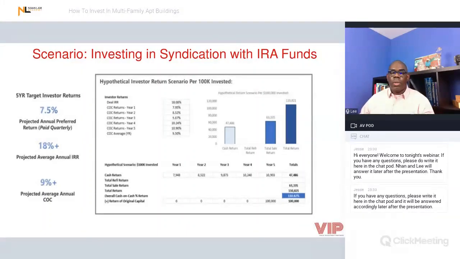I can tell you there are multifamily syndications exiting in the high 20%, and so the IRR is tremendous if the general partner is able to execute that business plan superbly for you.